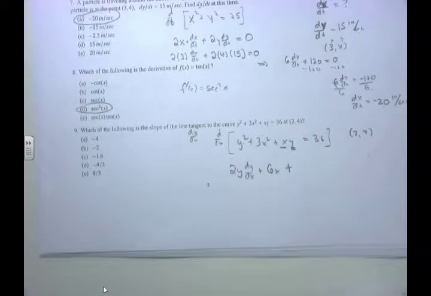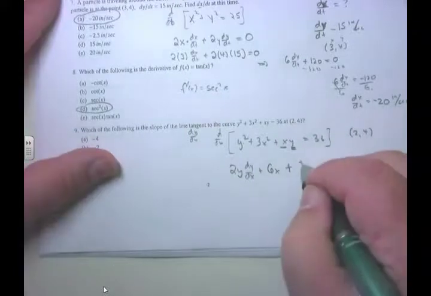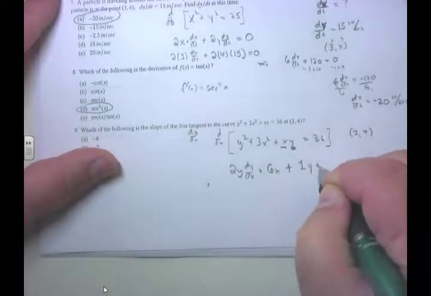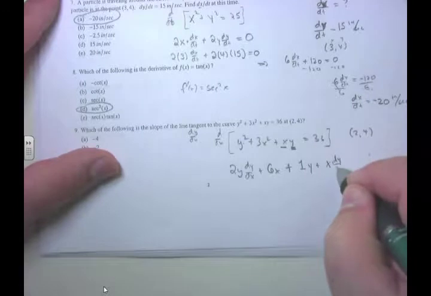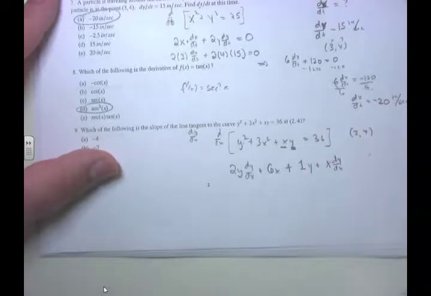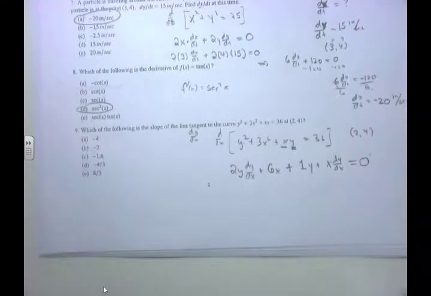What rule would you have to use? Product rule. Derivative of the first, derivative of x is 1, times the second, y, plus the first, x, times the derivative of the second. What is the derivative of y? dy over dx. Equals, and what's the derivative of 36? 0. Does that make sense?